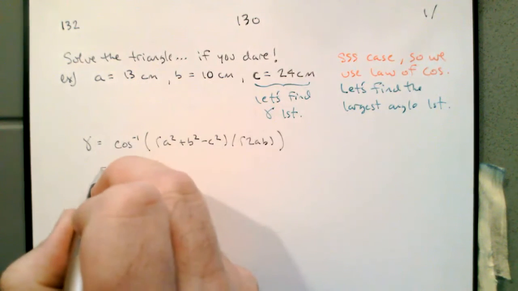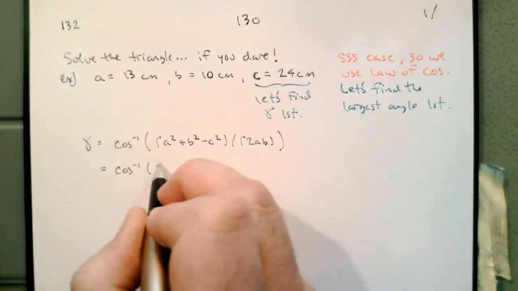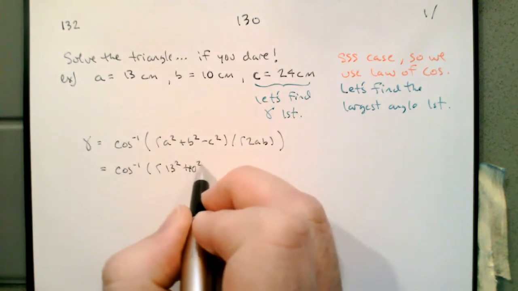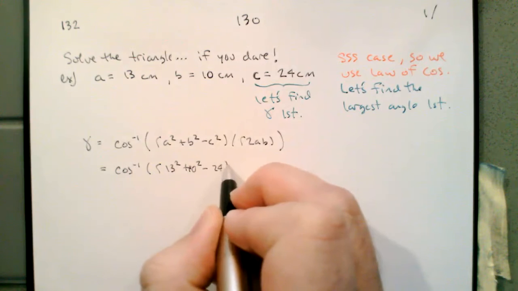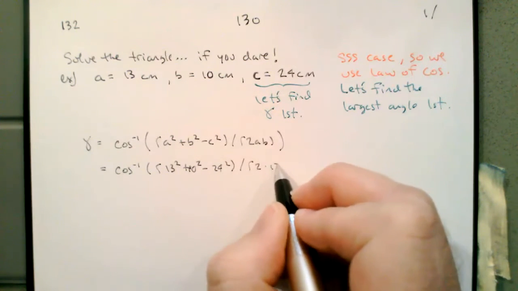So in this case, that's going to be the cosine inverse of 13 squared plus 10 squared minus 24 squared divided by 2 times 13 times 10.